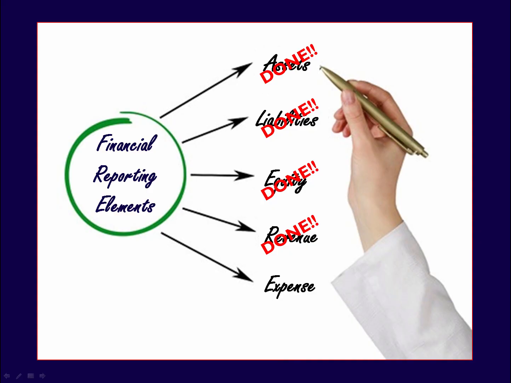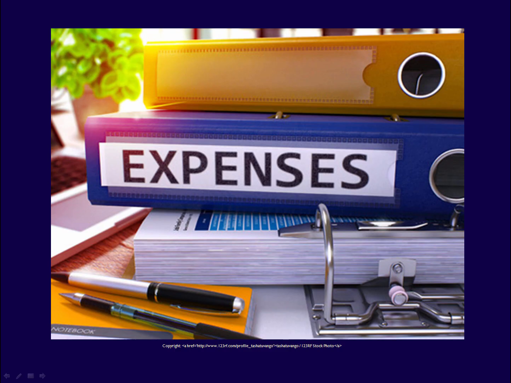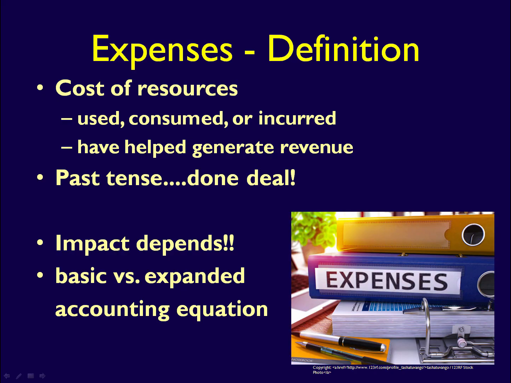Pretty basic for revenue accounts, so we only have one financial reporting element left: expenses. Remember that expenses are the costs of resources that the business has used, consumed, or incurred in order to help them generate revenue. Again, expenses are only recorded when there are costs that have already happened in the past.